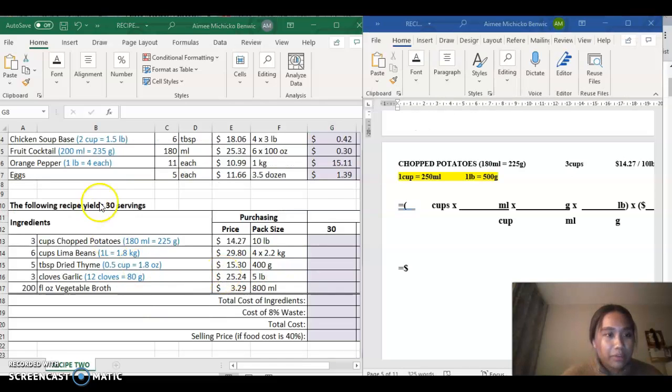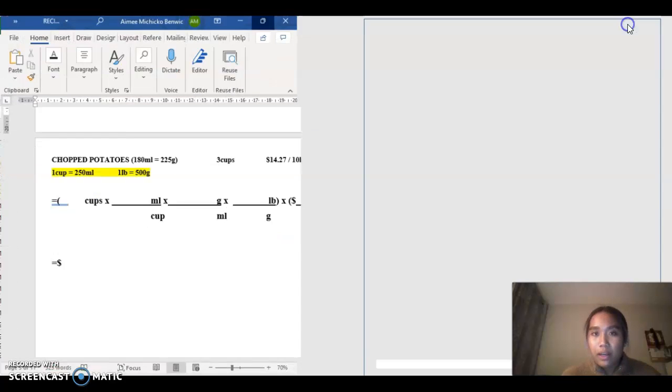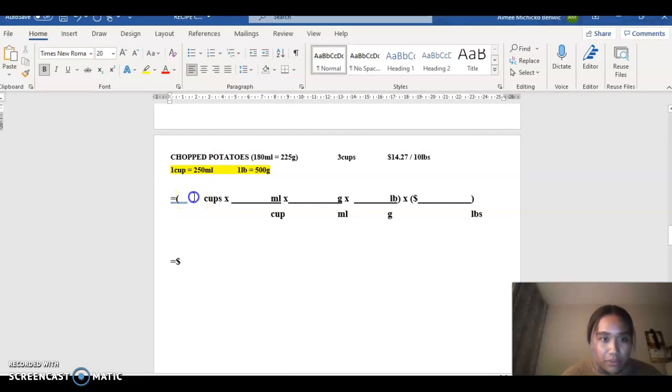Okay, next we have the second recipe that yields 30 servings. Same thing, we're going to do the same as the first recipe. There are 3 cups here, and there are 250 ml in 1 cup, and we're going to use the weight equivalency of 225 grams per 180 ml, and we have to go to pounds, so we have to go further.